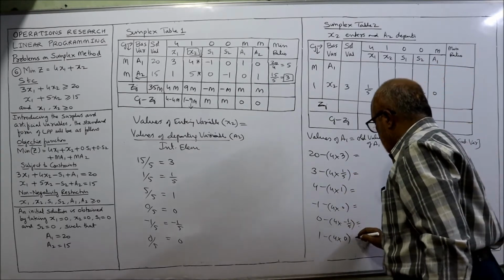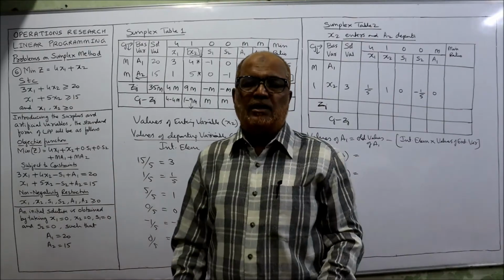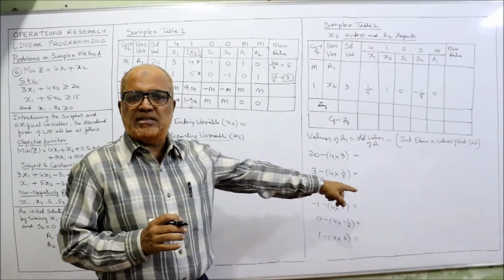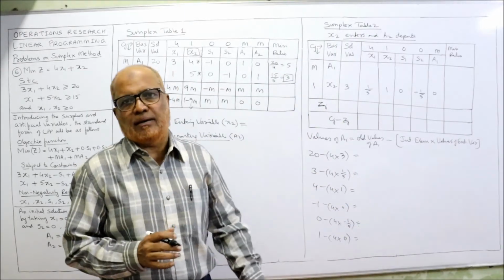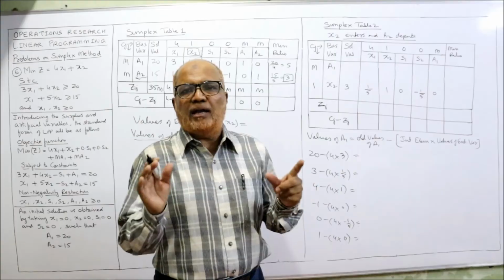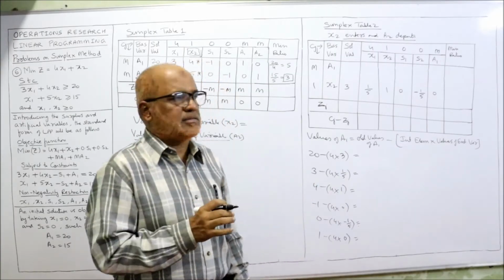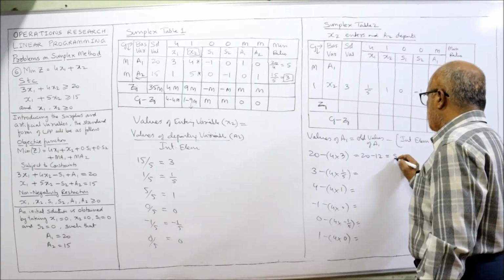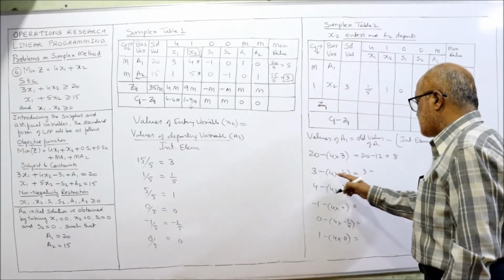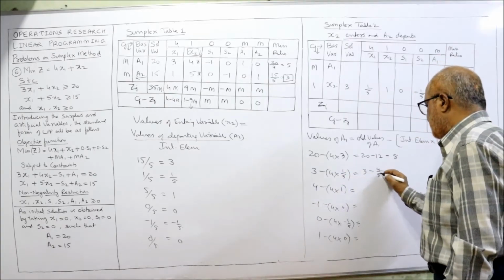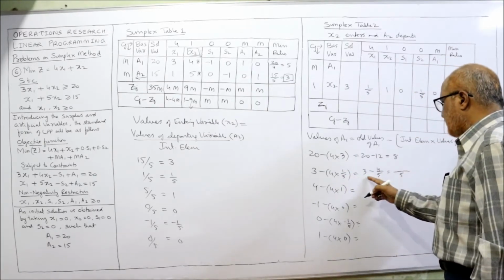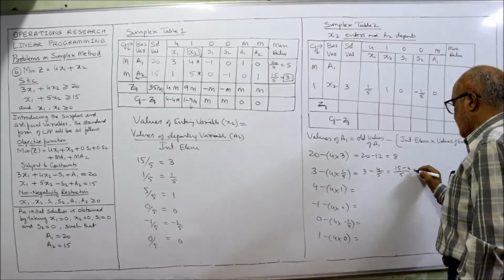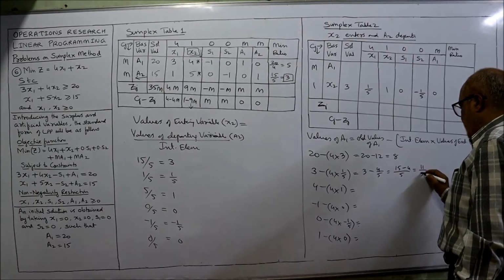Now see carefully. The only thing for doing these problems is the perfection of calculations. The student should be perfect in making this calculation, then only you can save the time. Otherwise it will be very difficult. And the only alternative is you have to practice. So 4 3s are 12. 20 minus 12 is equal to 8. 3 minus 4 1s are 4, 4 by 5. So if we take the LCM 5, 5 3s are 15, 5 gets cancelled one time, 1 into 4 is 4. So 15 minus 4, 11 by 5.